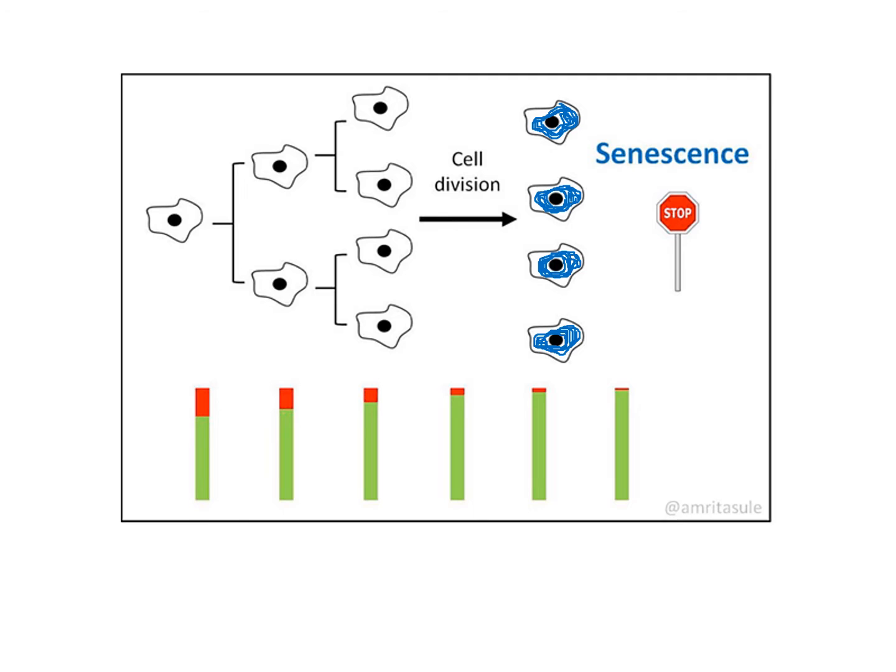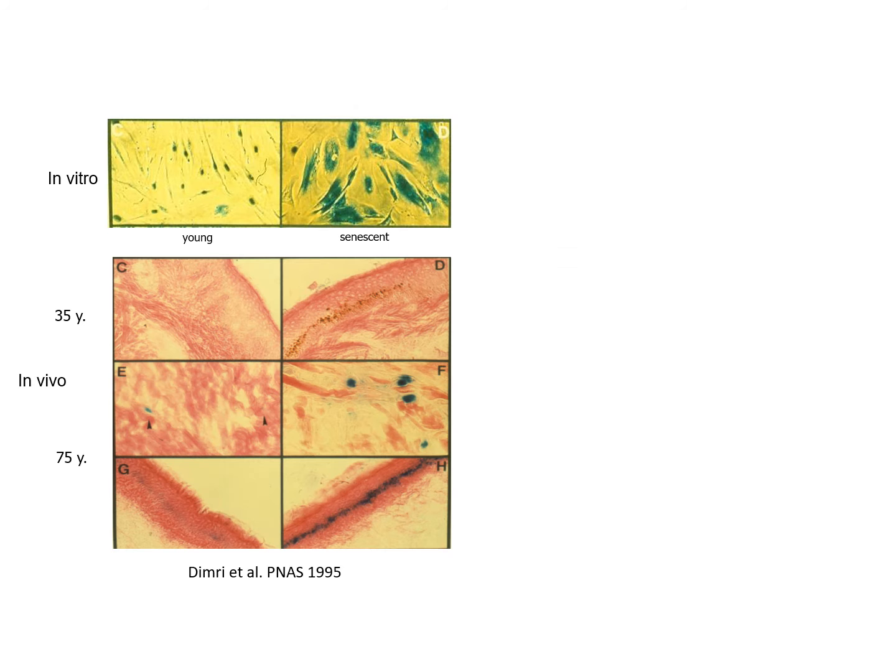This leads to accumulation of senescent cells in the body over time, and we can recognize these cells by morphology and also by metabolism.